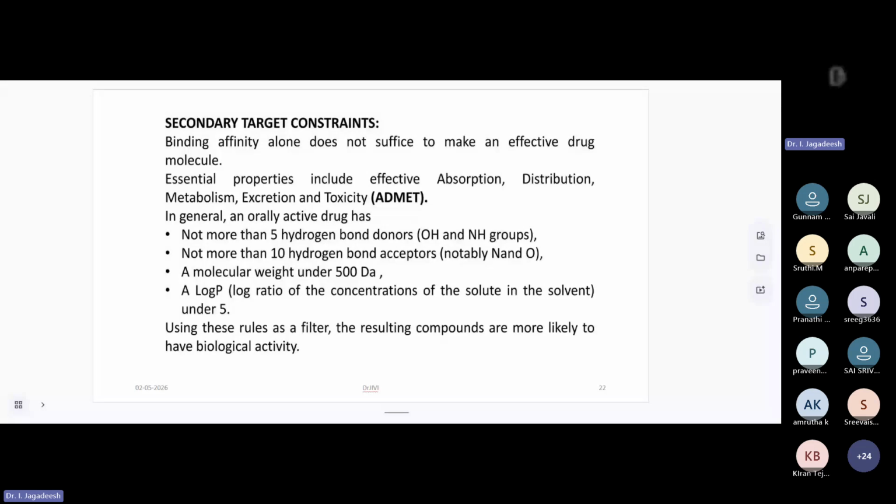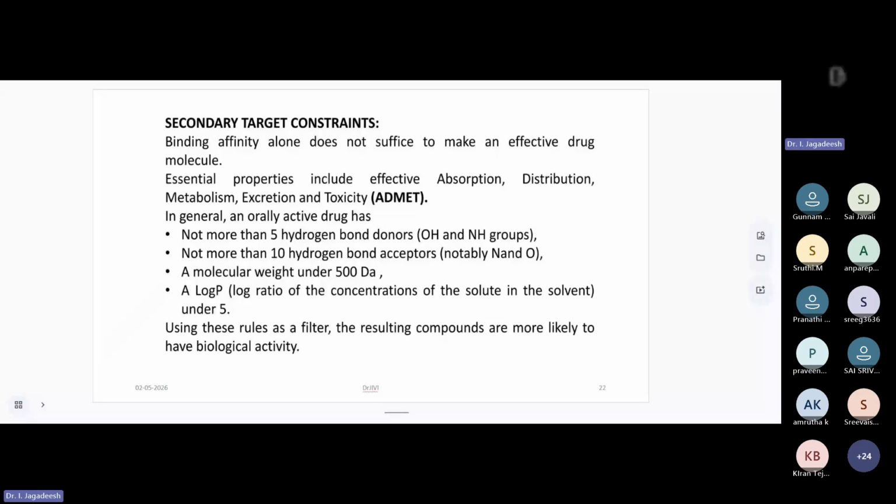But that alone is not sufficient, because once the molecule is made, it has to be given to the human. It has absorption, distribution, metabolism, excretion, and toxicity. Together we call this ADMET, and it has to pass. So it should first be absorbed, then distributed, and optimally metabolized and excreted without having toxicity.